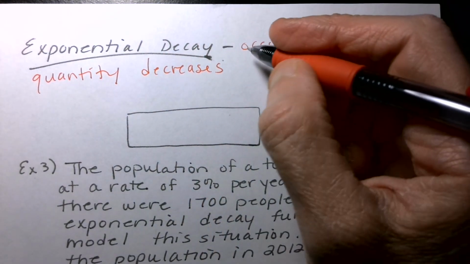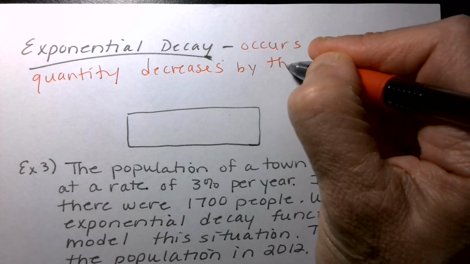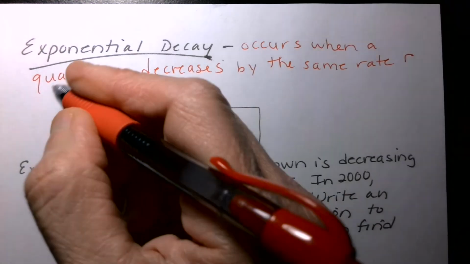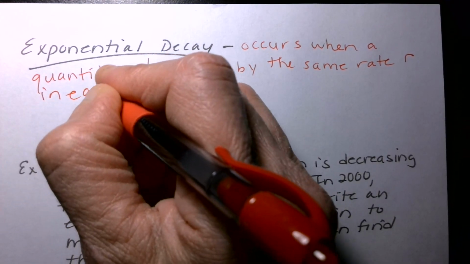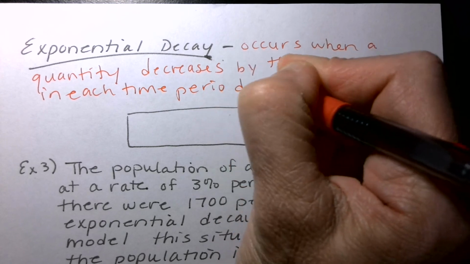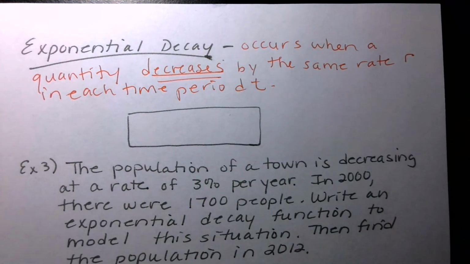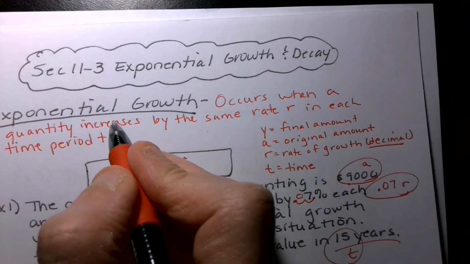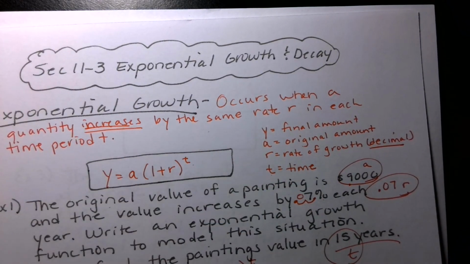Decay means to get smaller by the same rate, R, in each time period t. So again, that's decreases, just to emphasize the difference here. And in growth, back on the other sheet, it was increases.